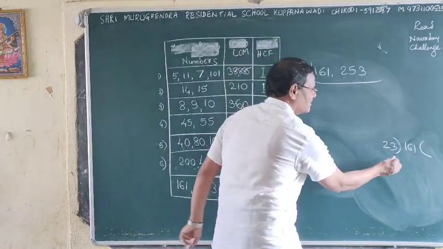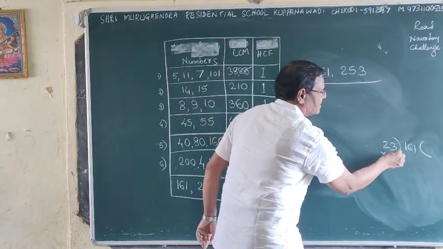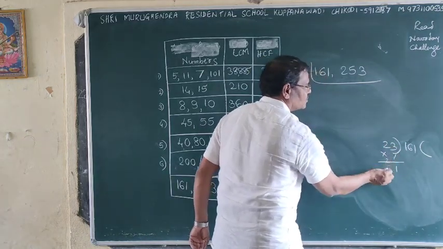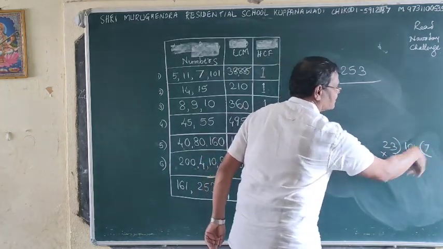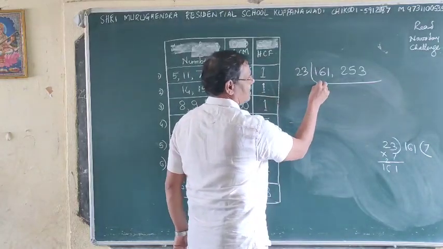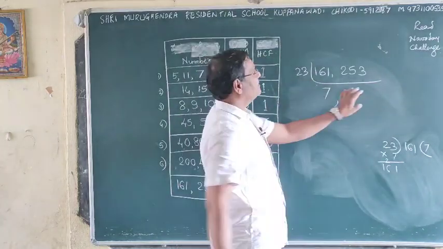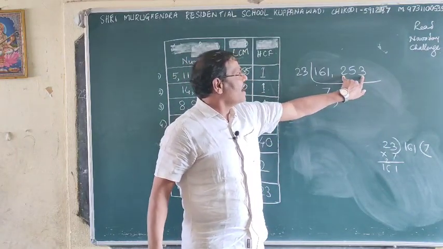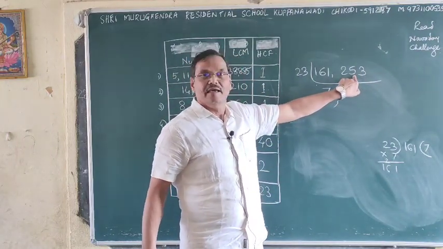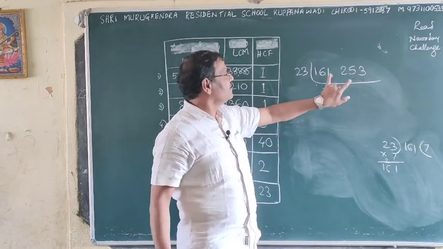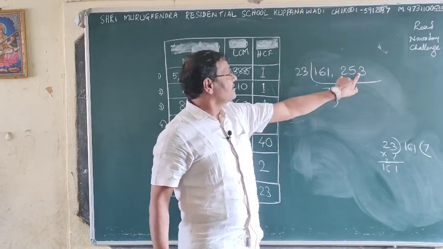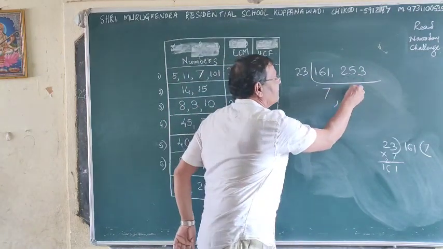Only option is 7. 23, 7 3s are 21, 7 2s are 14, 16. Yes, 7s are. And this is, see, 2 plus 3 is 5, 5 minus 5 is 0. So, however, its HCF is 23. Then it is obviously divisible by 11.